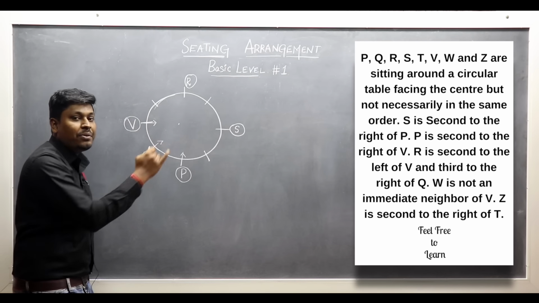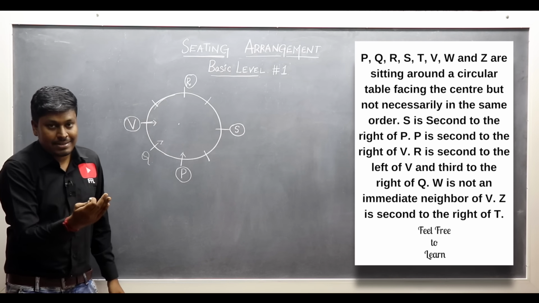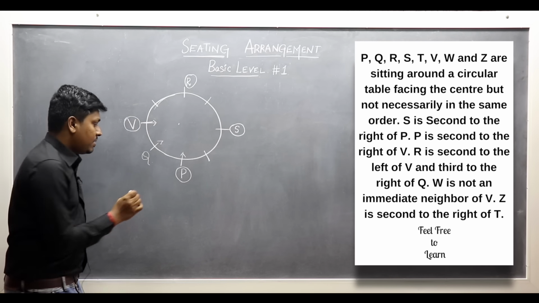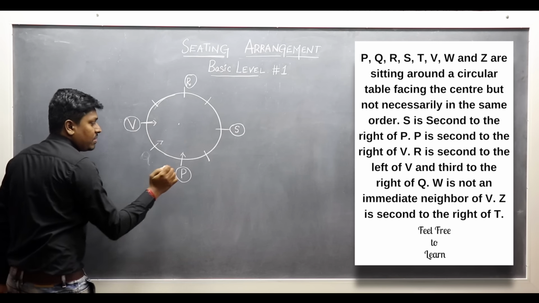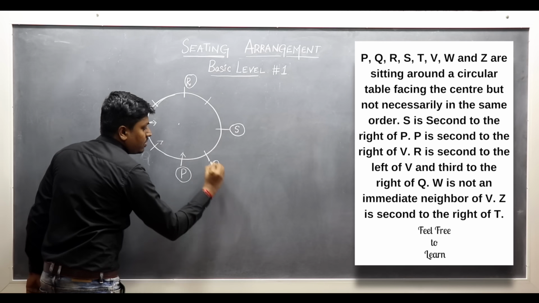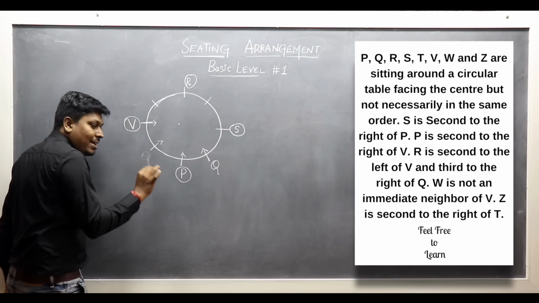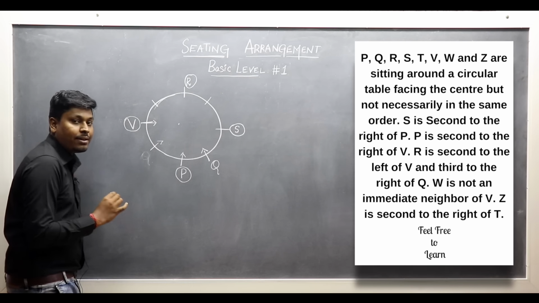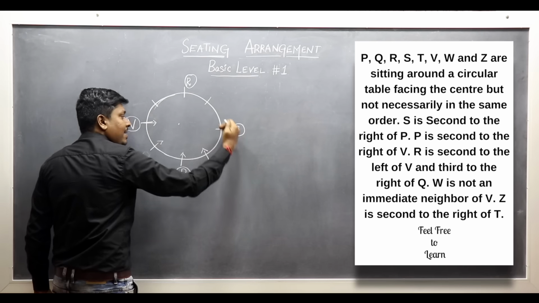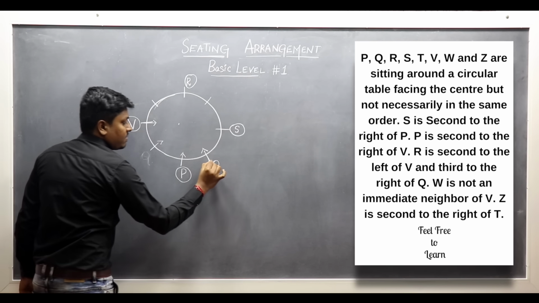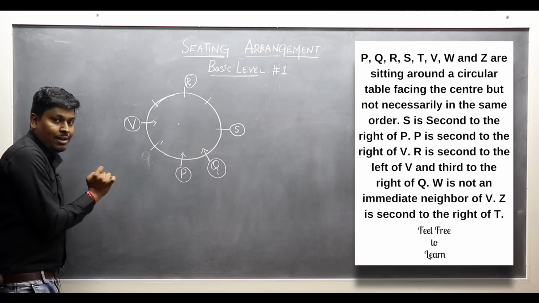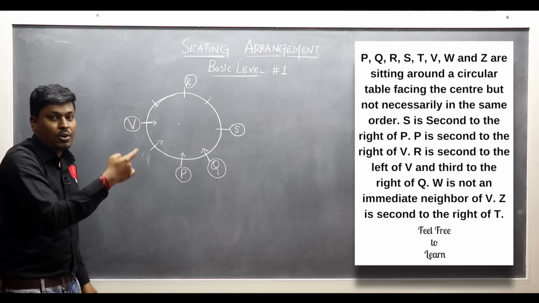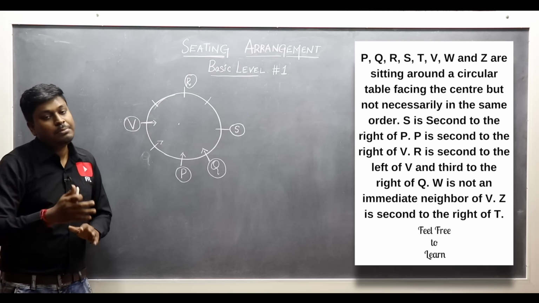But the question says Q's right hand side third place should be R. So definitely I should not fix Q here. I should fix Q here, and Q is facing the center. Only then will the diagram be correct according to the question, because Q's right hand side at the third place is R. In case I fixed Q in the other place, Q's left hand side third place would be R, but according to the question, Q's right hand side third place should be R.